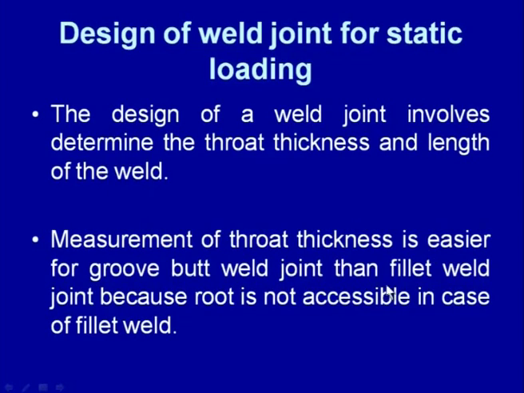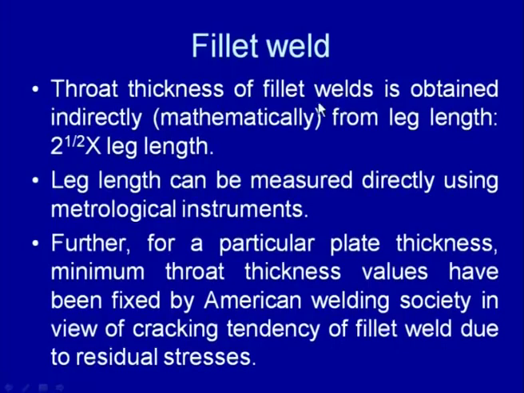But this kind of measurement of the throat thickness becomes difficult in case of the fillet weld, because the root is not accessible from the top for the measurement, and that is why indirect calculations are done for determining the throat thickness in case of the fillet weld. Throat thickness of the fillet weld is obtained indirectly, mathematically, from the leg length; root 2 times the leg length is the equation used for the throat thickness of the fillet weld.